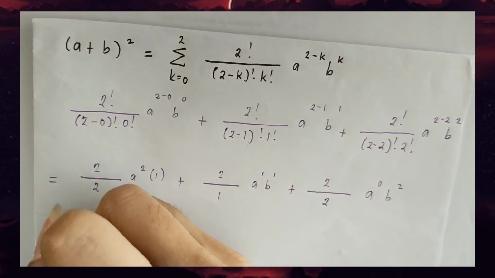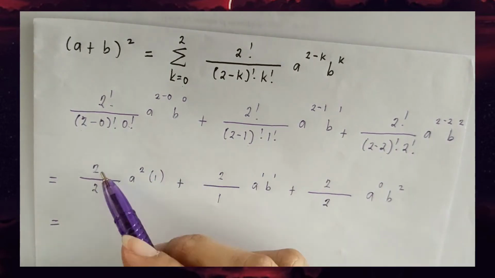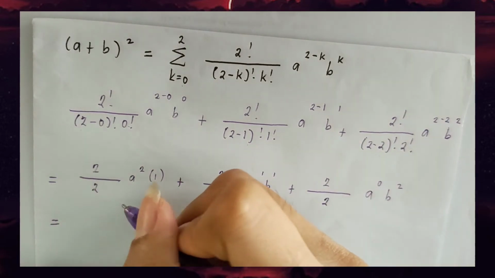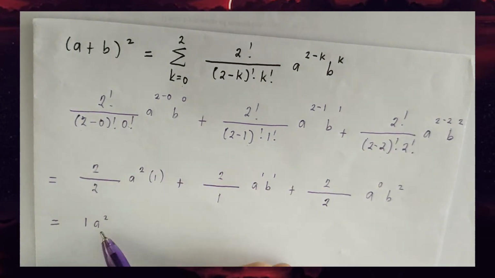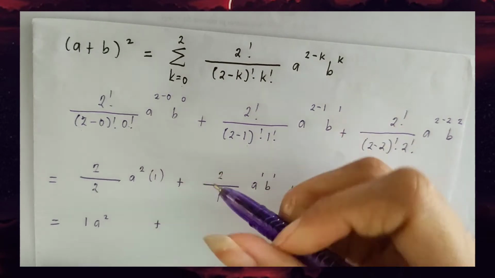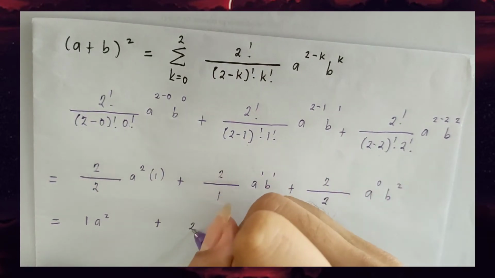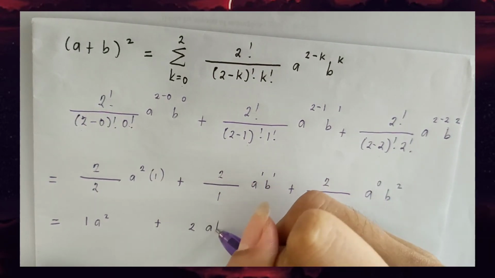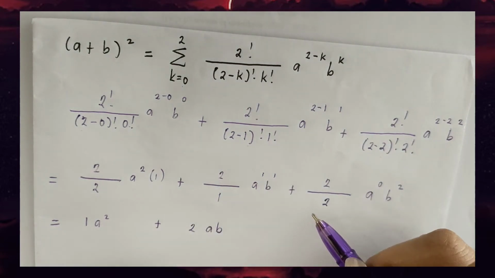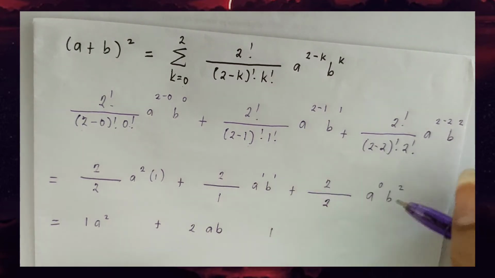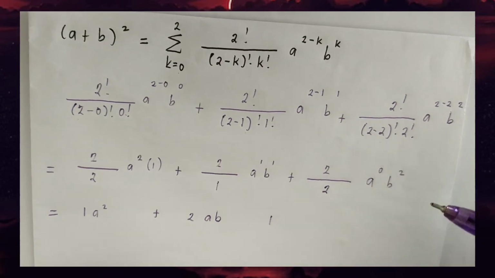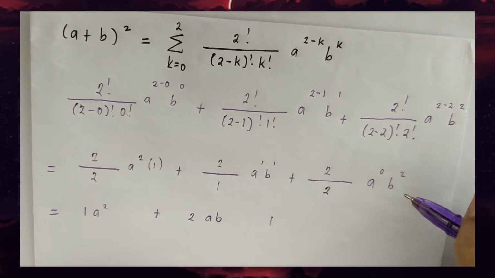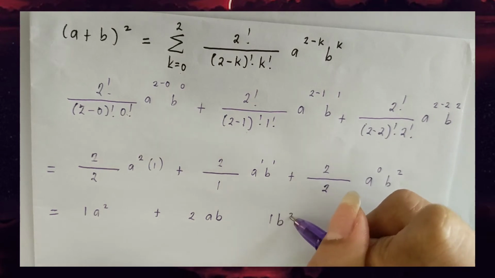So let us now simplify. 2 divided by 2 is 1. a squared, because 1 times a squared is just a squared. Plus 2 divided by 1 is 2ab. And then 2 divided by 2 is 1. a raised to 0 is just 1, so no need to write it, and then copy b squared.